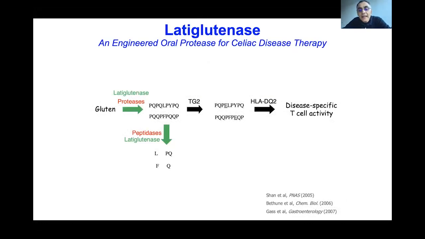And so that led various students in my lab several years ago to think that we could treat this disease by accelerating what is the rate limiting step in gluten digestion in the gut lumen.